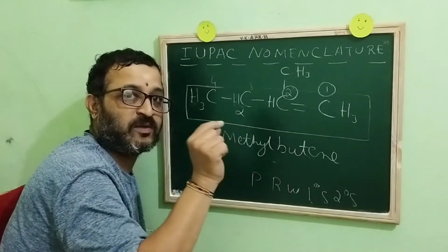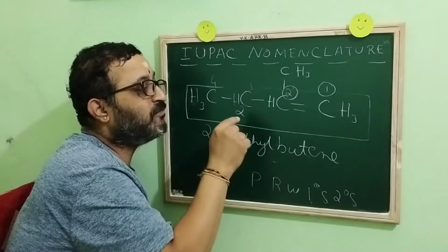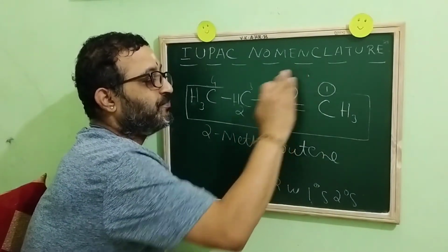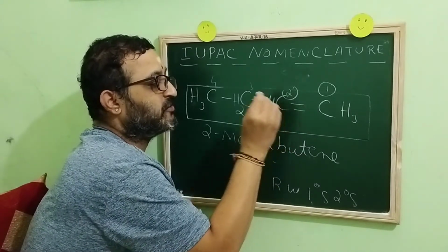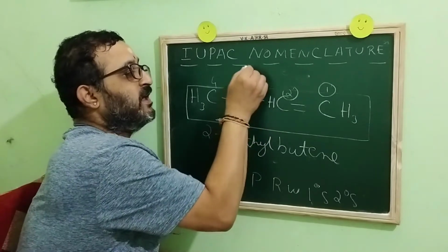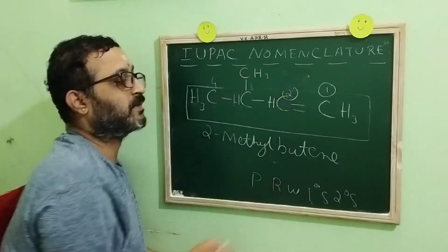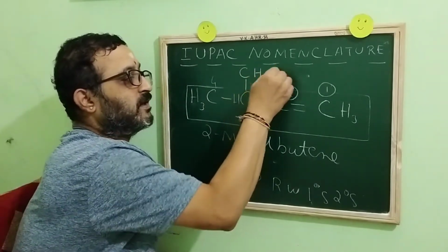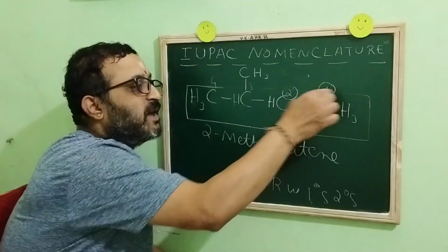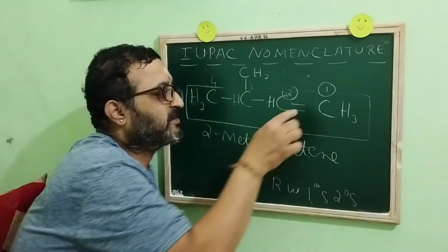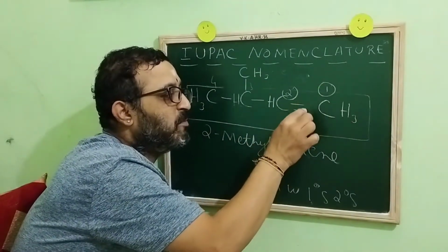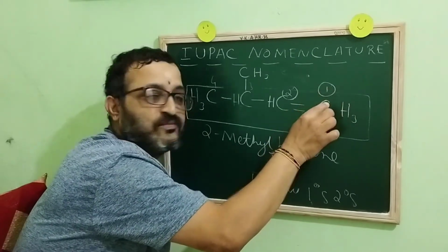Now children, one small variation. Assume that the CH3 is somewhere here, right? Then what will be the name of the compound? Sir, the numbering still remains the same. Why? Because the double bond is more important for me. If I number from the right side, the double bond will belong to the first carbon.